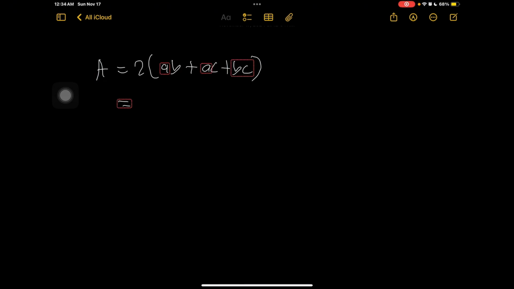So 2, and our A is 2 multiplied by B, which is 3, plus A is 2 and C is 4, plus 3 multiplied by 4. 2 multiplied by 3 is 6.